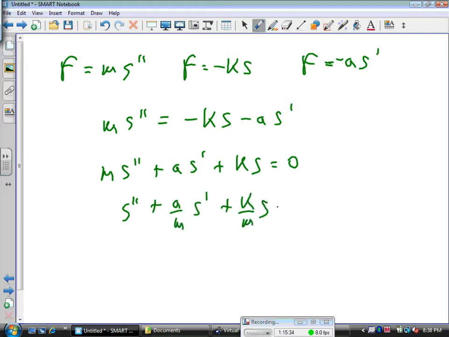Remember that K over M? There it is again. So we're still solving S double prime plus omega squared S equals 0, but there's this other thing going on. How do you solve that? That's the question. That's different. Now you've got to come up with another guess.